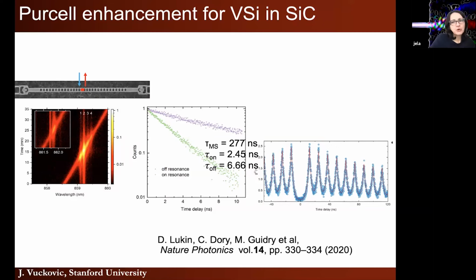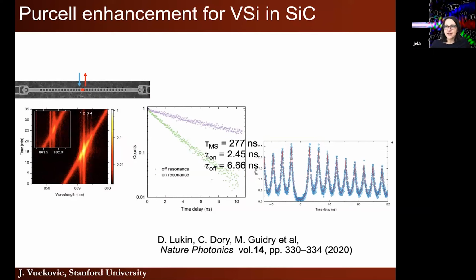One important point is, if you do these measurements to prove that you really have Purcell enhancement, one measurement is not enough. You have to prove that you both have lifetime reduction and intensity increase. Because if you only see an increase in counts, it could just be some collection efficiency effect, that you couple better to the cavity and re-radiate in one direction.